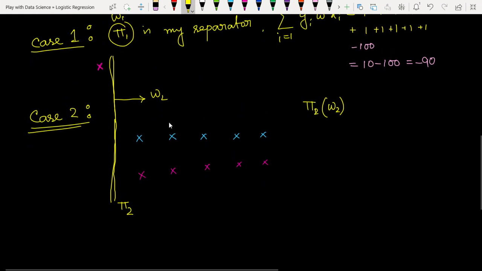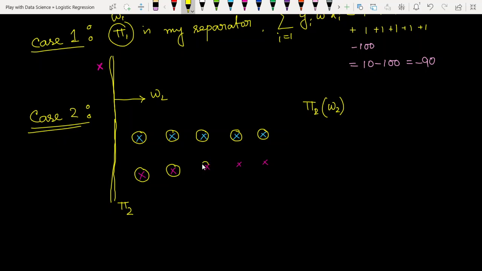So if we consider these points, these 10 points are on one side of the plane, and this point is on the other side of the plane. Actually this is our outlier.